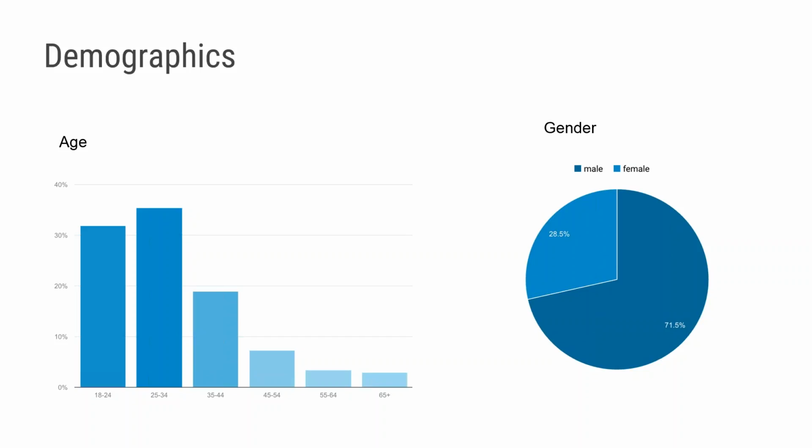This is the demographic report under the audience section. In this example, you will see that most of the audience, which is 70% of the audience for this website, is male, and they are within the age range of 18 to 34.